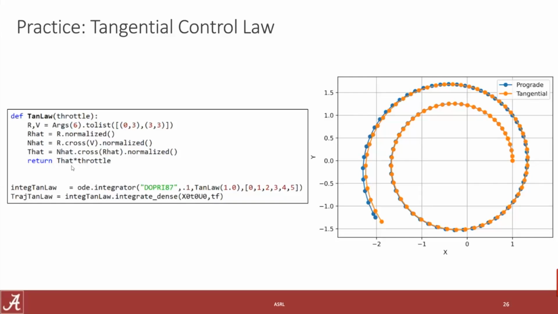But then down there, these are what get passed in. This is allocating which state vectors from our XTU get passed into this control law function. Yes, totally. It takes a little bit of getting used to that syntax of that args term showing up again.